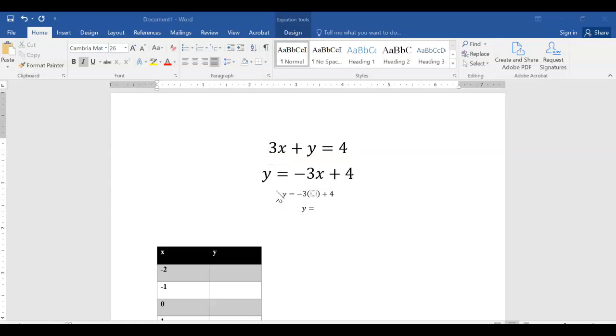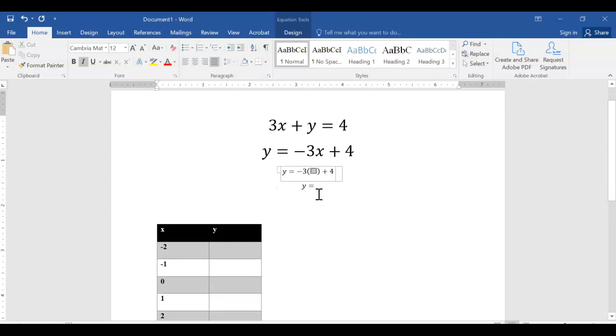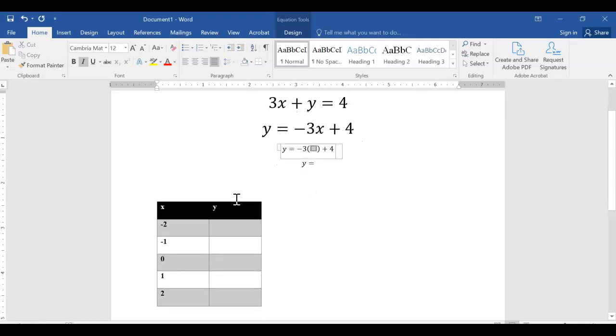So once that's done, what I can do is start plugging in various values for x. It makes my life a little bit easier to put the equation in this form. You don't have to, but it's a little bit easier. So I'm going to plug in the same values for x I had: -2, -1, 0, 1, 2.